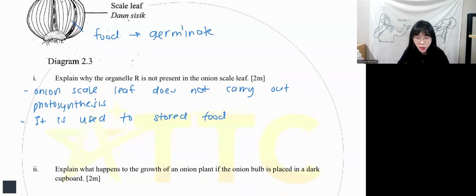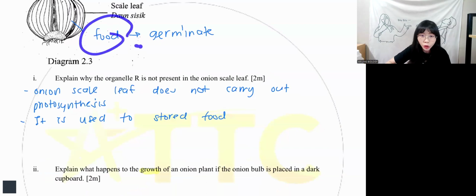Okay, explain what happens to the growth of an onion plant if the onion bulb is placed in the dark cupboard. They ask you, growth. I mean, we all understand that they don't need sunlight because they don't carry out photosynthesis. But the growth of onion, when they are under the soil, just as I mentioned, they will use up the food to germinate.